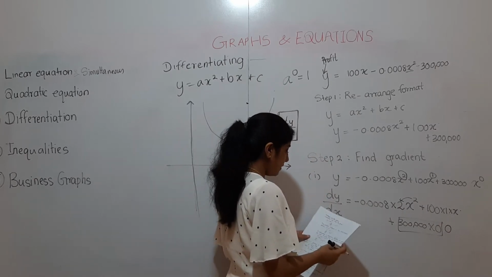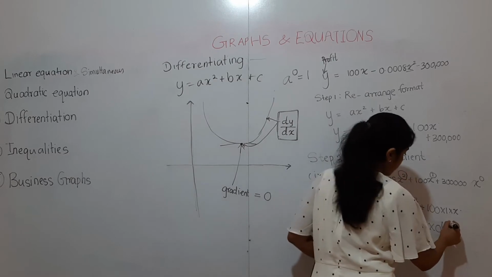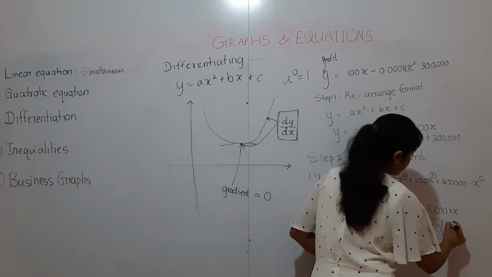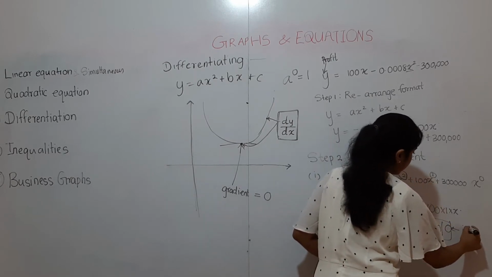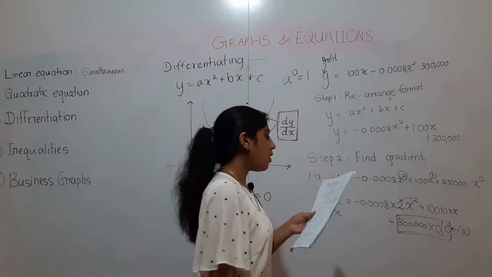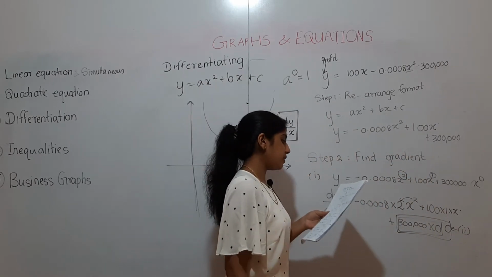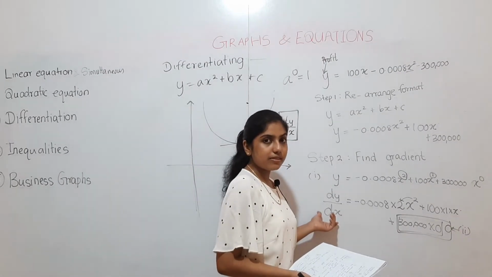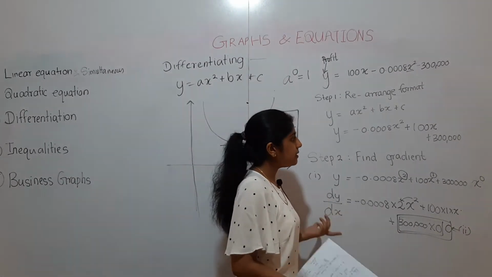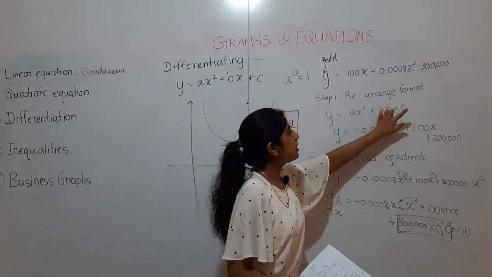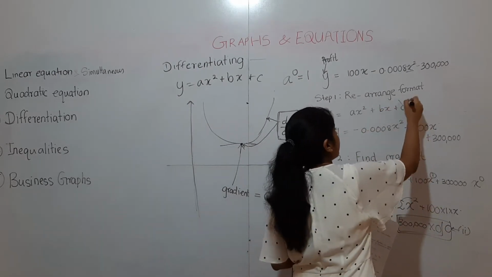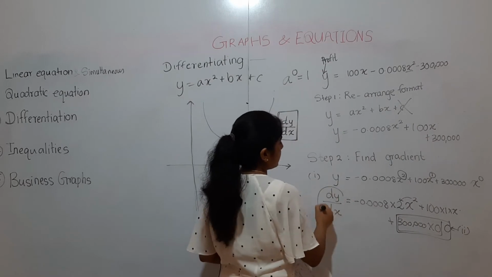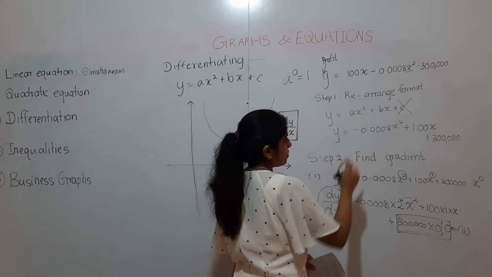That is basically step 2. This part is step 2, where, if you read your tute, all constants disappear in the differentiation process. That means constants. What are constants? This c. This c will not be there when you differentiate. It will be equal to 0.